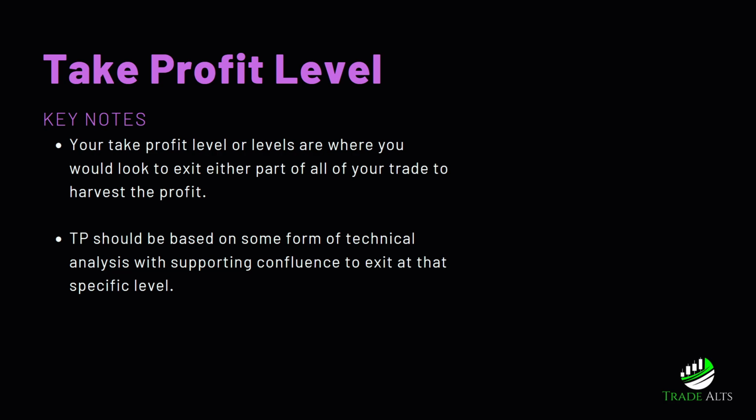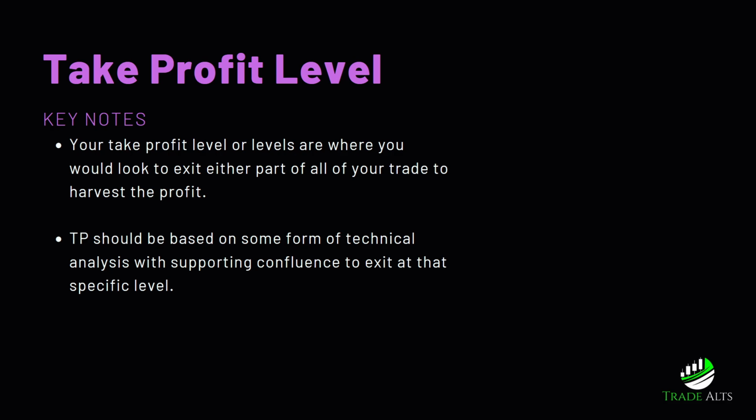So your take profit level, obviously another obvious one. Your take profit level or levels are where you would look to exit either part of your position or all of your position to take profit, to harvest all the profit that you made on that trade. Take profit levels should also be based on some form of technical analysis with supporting confluences to exit at that specific level.